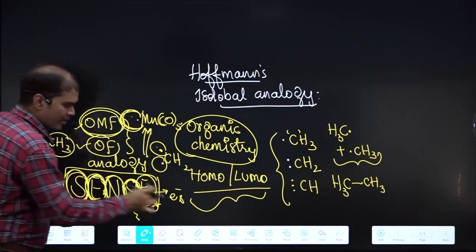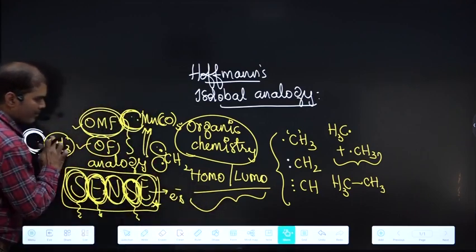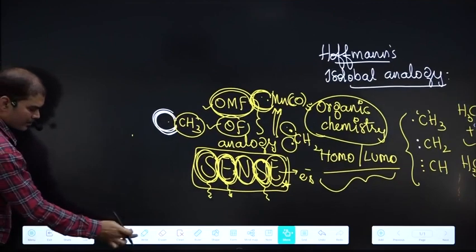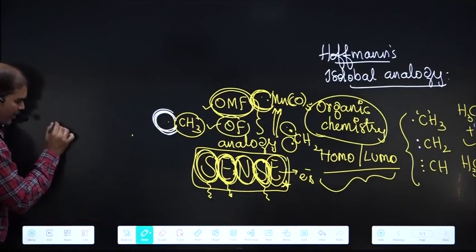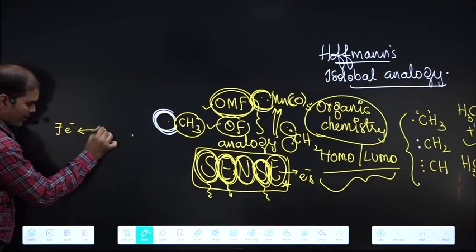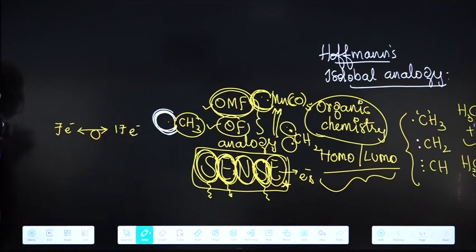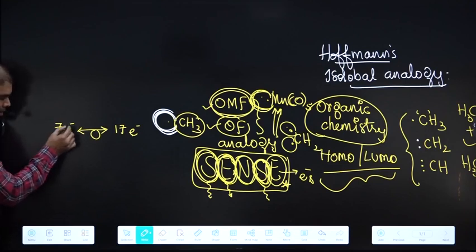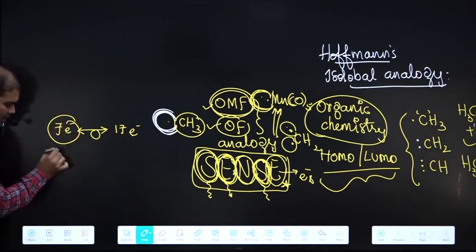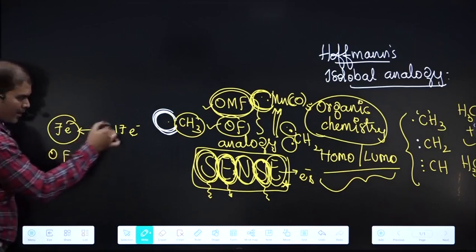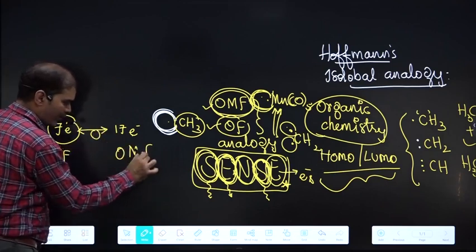Getting the point? Based on this, you might have heard that suppose I am taking a 7 electron system, we say it is isolobal to a 17 electron system. What is the basis for saying this? This 7 electron system is an organic fragment. This 17 electron system is an organometallic fragment.